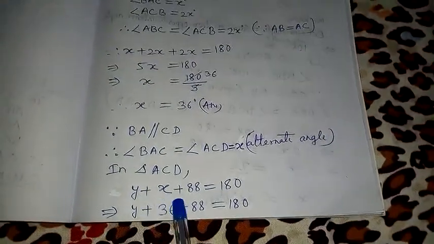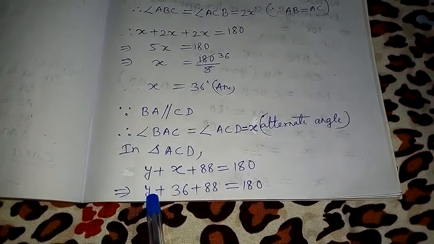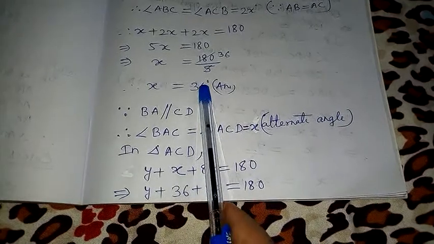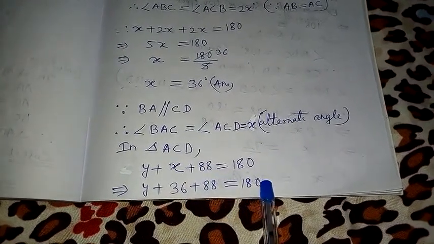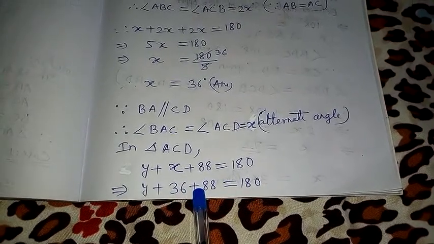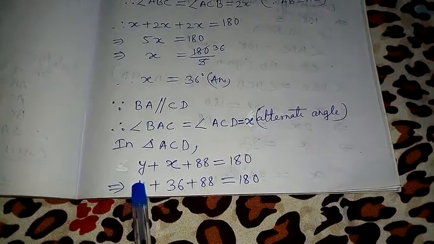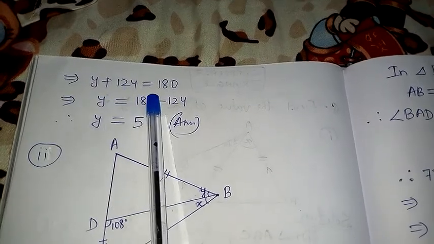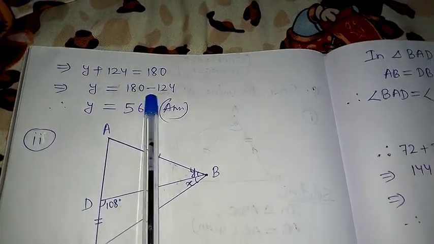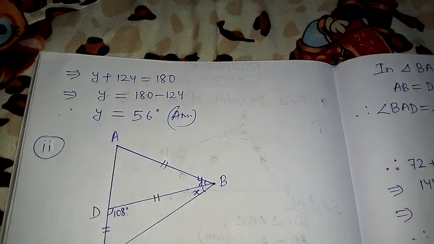So y plus x plus 88 equals 180 degrees, because the sum of three angles is 180. Putting in x as 36, 36 plus 88 is 124 degrees. So y plus 124 equals 180, y equals 180 minus 124, therefore y equals 56 degrees.